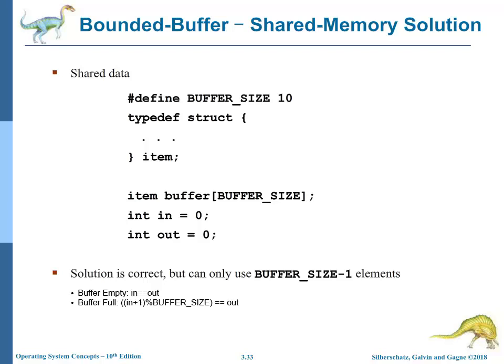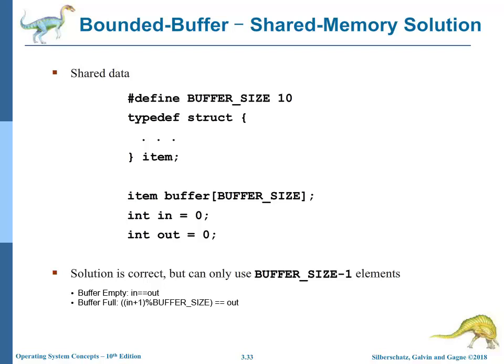The shared buffer is implemented as a circular array with two logical pointers, in and out. The variable in points to the next free position in the buffer. The out points to the first full position in the buffer.